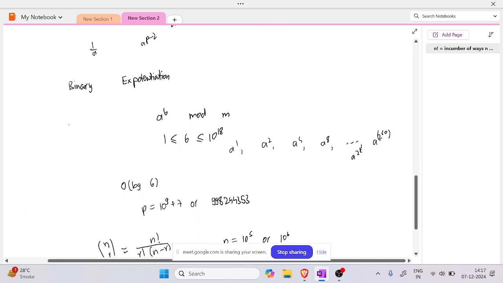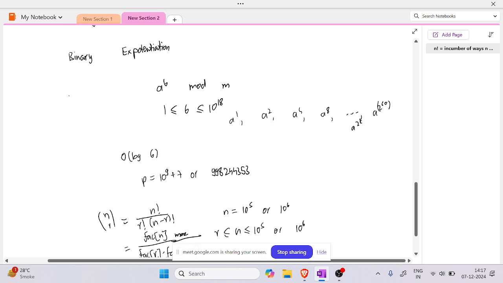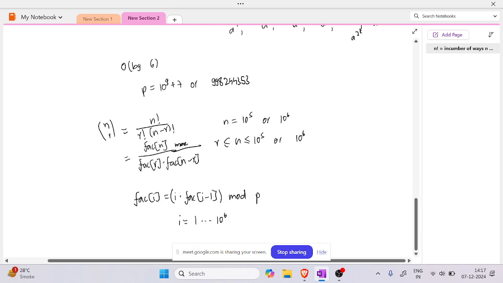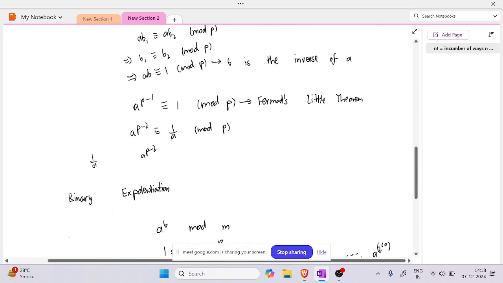Even manually you can calculate stuff like 2 to the 10 to the 9 modulo whatever, and then we learned how to do NCR mod p using the above stuff.